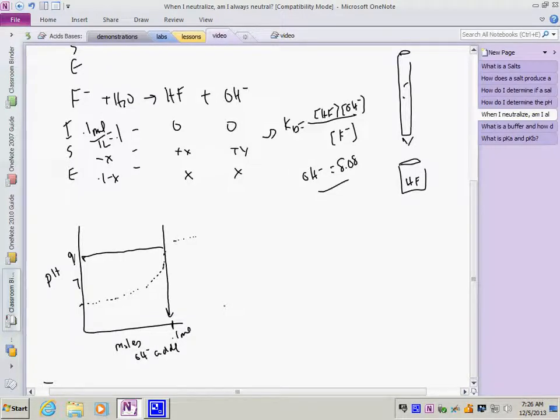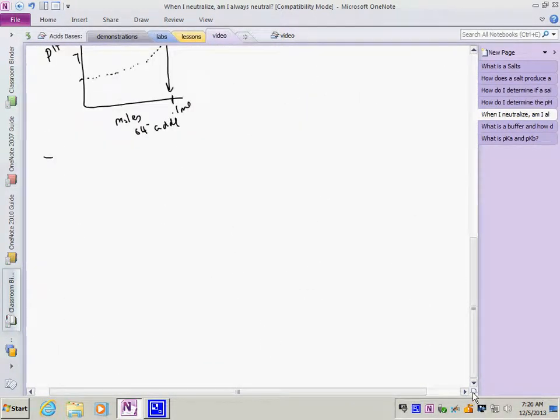Okay. I could also do what's called a half equivalency point. And the half equivalency point is very common. This means I have added half of my moles. So let's go HF plus H2O yields H3O plus F negative. Again, I have 0.1 moles of it in a 1 liter solution.